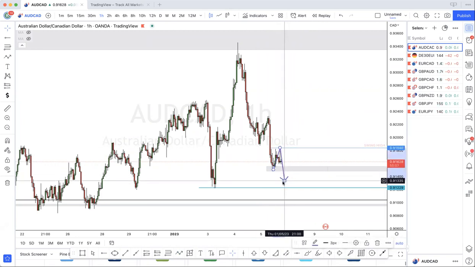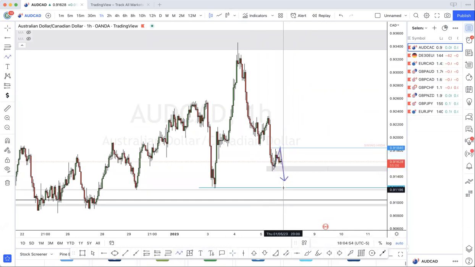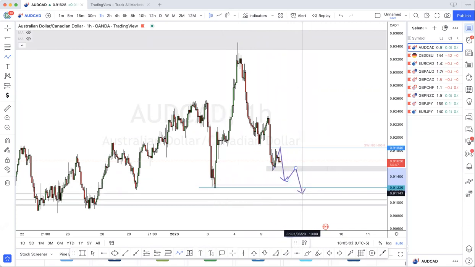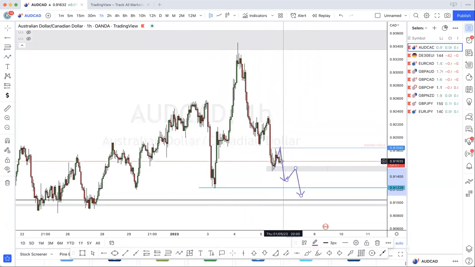So then price may pull back. It might break. It might pull back. It might create double bottoms. It might break through. You just don't know what it's going to do. But in my mind, if I'm trading this, I'm looking for sells.